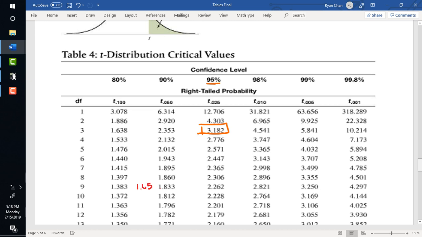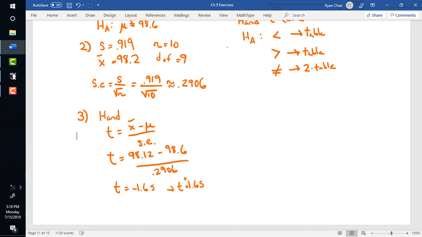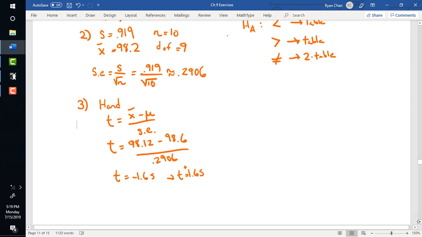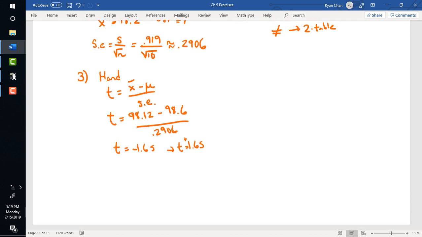Okay, so notice it's between 0.10 and 0.05. Now this is going to be kind of odd, but according to my table, it's between 0.10 and 0.05.